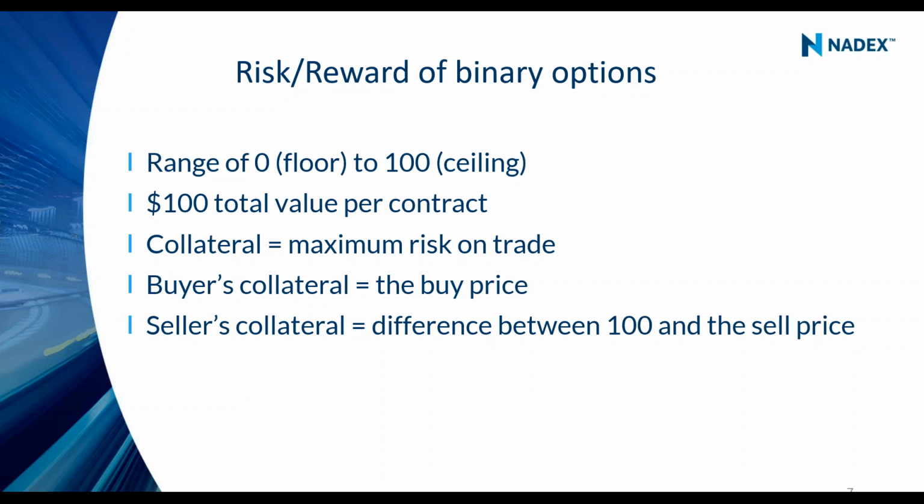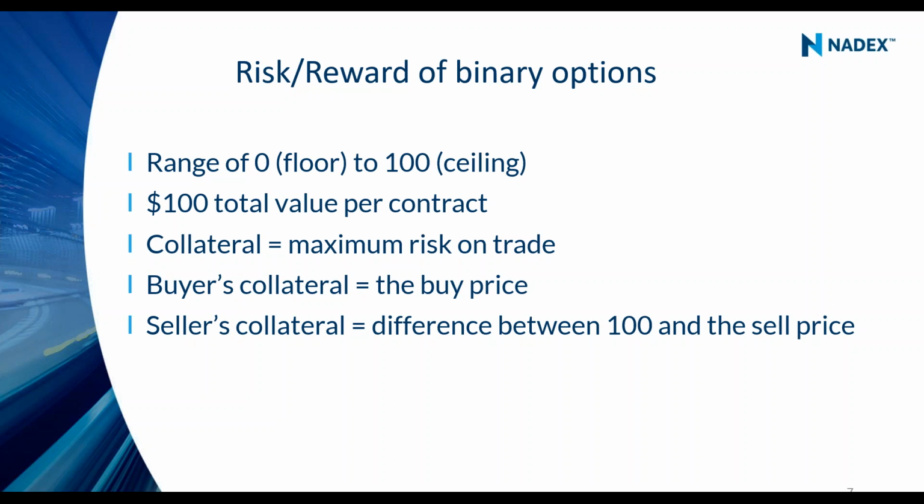Now, somebody had to have sold it to me. There's always two sides to a trade. Somebody else thinks I'm crazy and they're saying, no way is this thing going to close above 24,000 at the end of the day. I'll sell it. Now, since this contract can go to 100, if they were to sell it at 40, their collateral is the difference between 100, which is what the contract could potentially go to, and the price they sold it for.